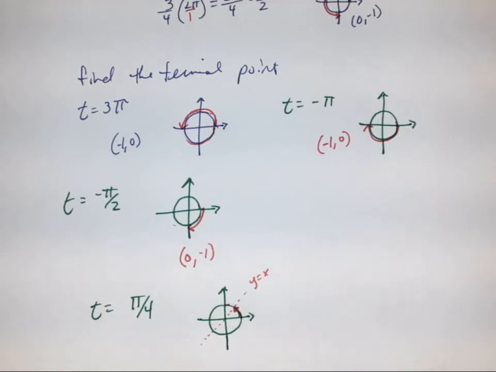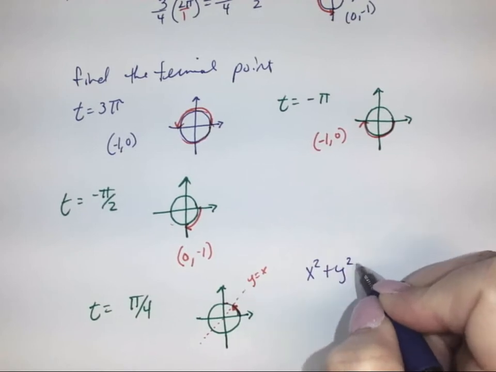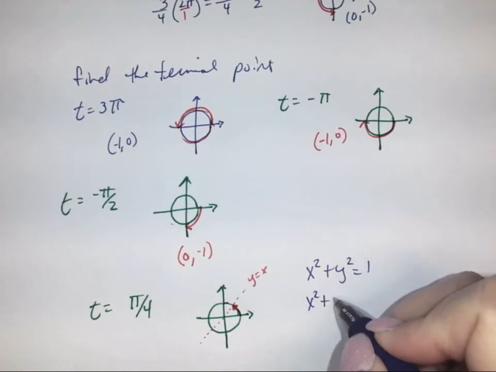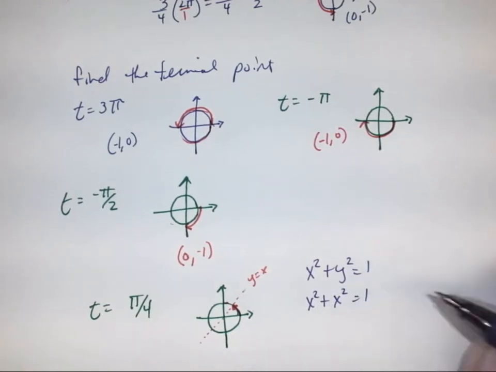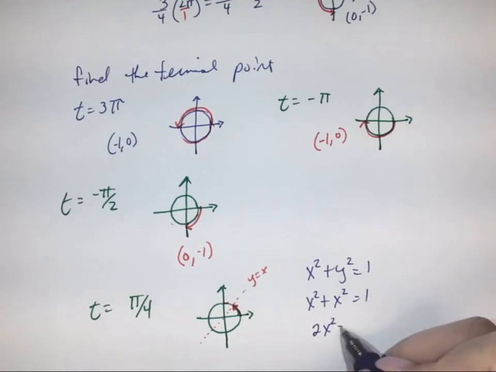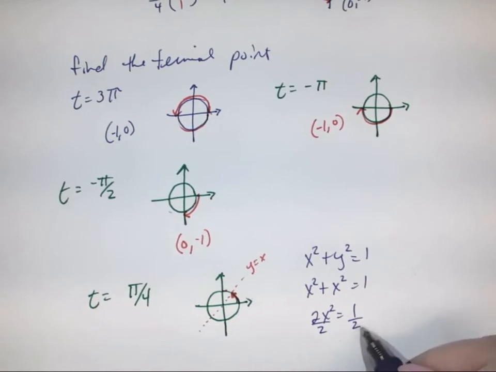Now we know from our earlier discussions that x squared plus y squared is equal to 1. So if y is equal to x, then we have x squared plus x squared equals 1. When we add those, we get 2x squared equals 1. We can divide by 2, and x squared is equal to 1/2.